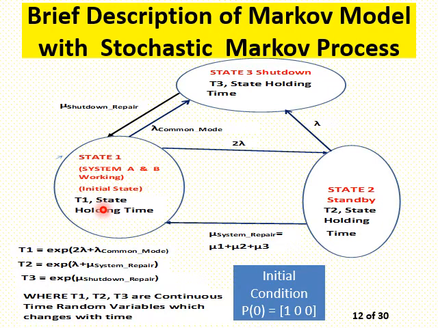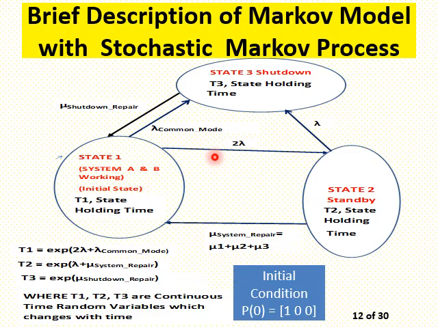The Markov process stays here, and based on the exponential distributions of these parameters, it takes the minimum of the two. That is, the exponential value of 2 lambda is considered, and the exponential value of lambda common mode is considered, and whichever is less becomes the holding time. This is called competing exponentials.